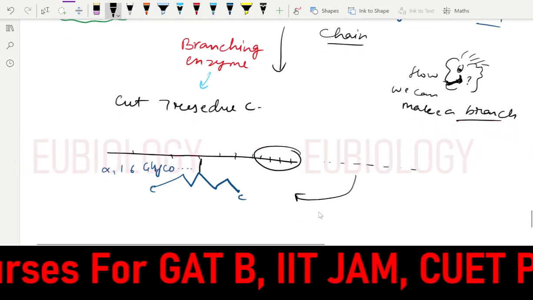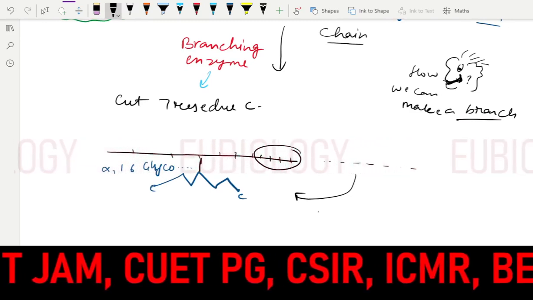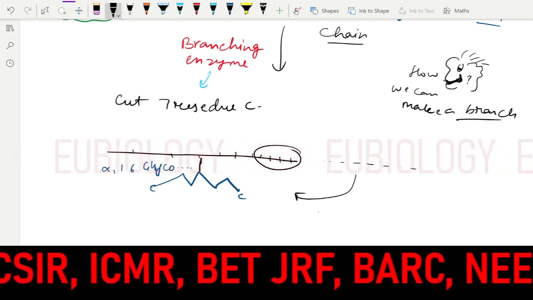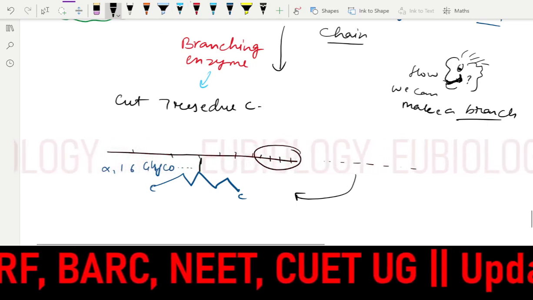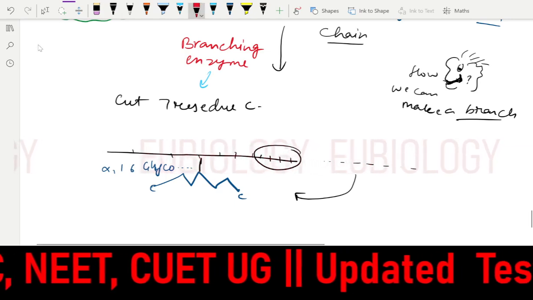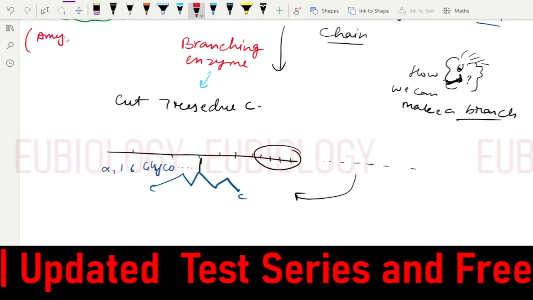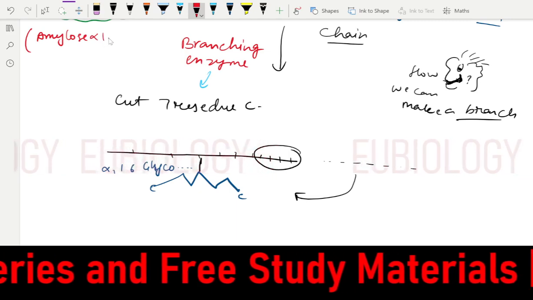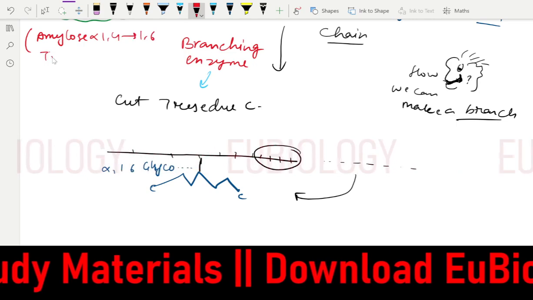So like this, the branching will occur. The branching enzyme is called amylo 1,4 to 1,6 transglycosylase.